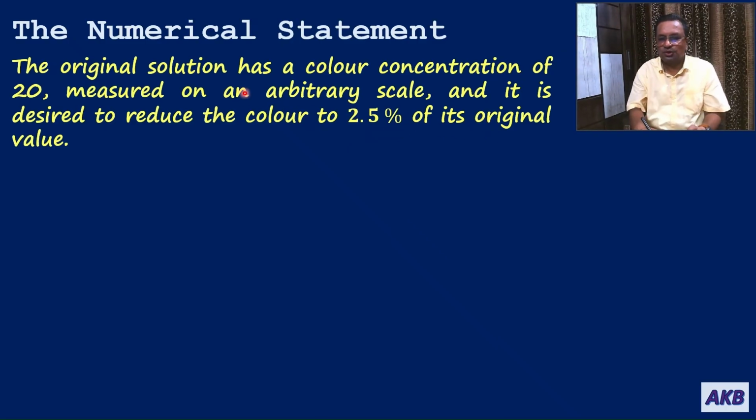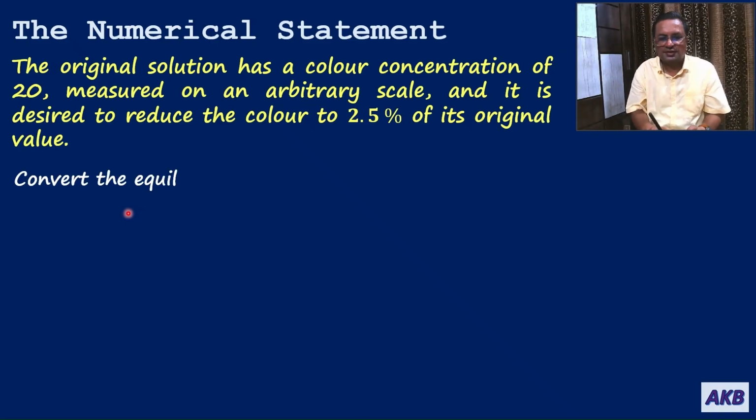So the original solution has a certain color concentration, measured on an arbitrary scale, and on this scale the concentration of color in the original solution is 20. This is to be reduced to 2.5% of its original value, that is, 2.5% of 20.